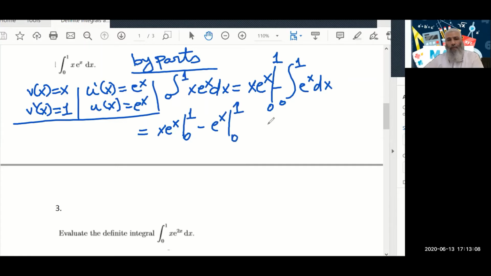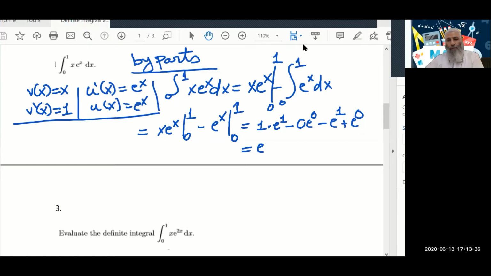Right? Yes, right. So this is 1, x is 1, multiply e power 1, minus 0, multiply e power 0. This one, this part, minus e power 1, minus minus, which is positive, e power 0, right? Yes. Now, this is e, and this is 0.